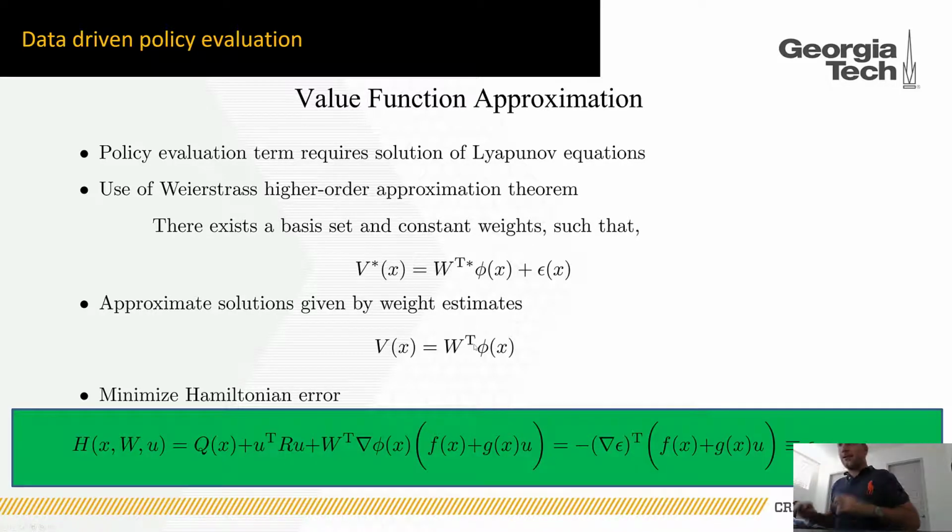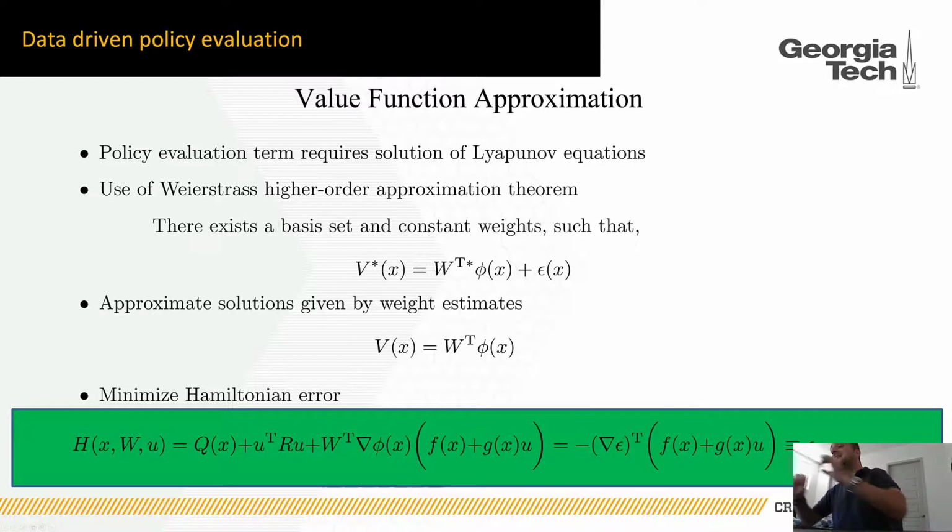Now, if I take my V and substitute it inside my Hamiltonian, you remember that I had dV/dx. If I take dV/dx, the partial derivative of V with respect to x, then this term becomes W transpose gradient phi of x. This is not 0 anymore because I have put my approximation there. What is here is equal to epsilon_H, which is the residual.